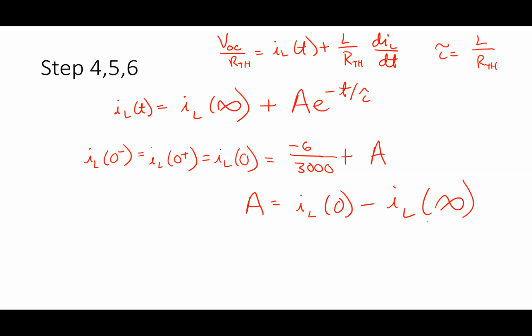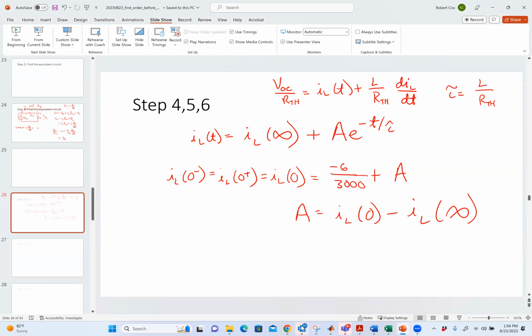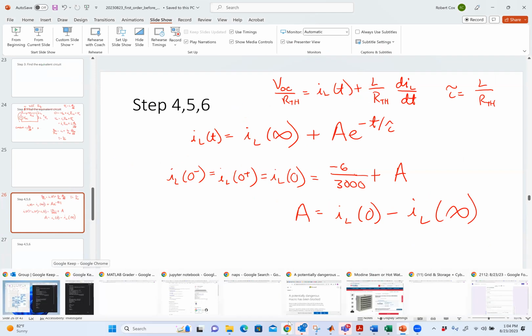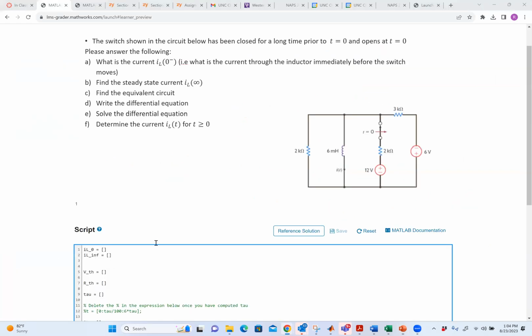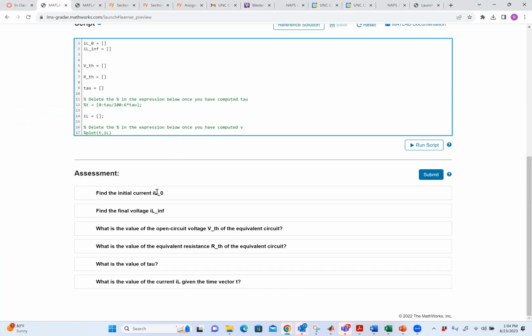All right. So I'm going to get out of here for a second. And I want to go to the way I would enter this into the MATLAB system. So what I have down at the bottom is the set of assessment questions. So it's finding the current IL of 0, the initial condition. That was step 1.